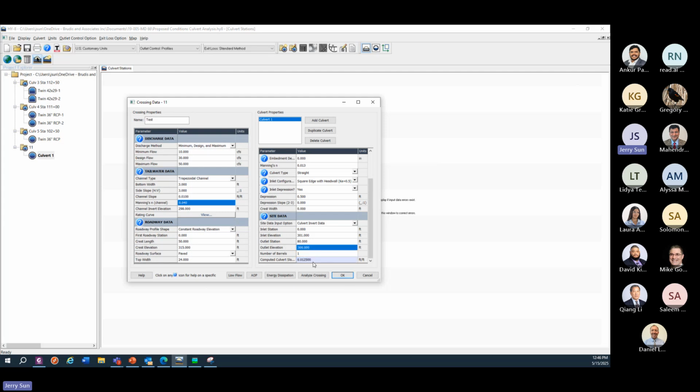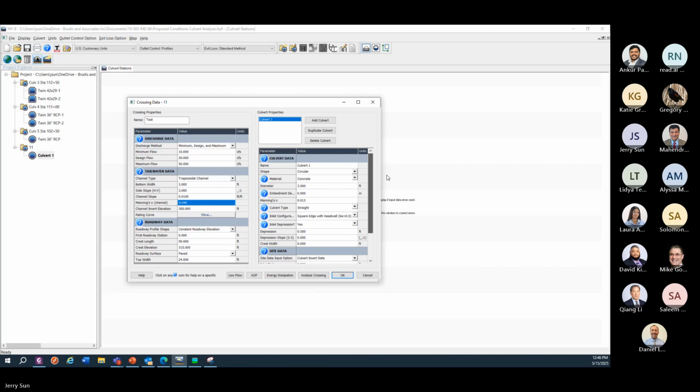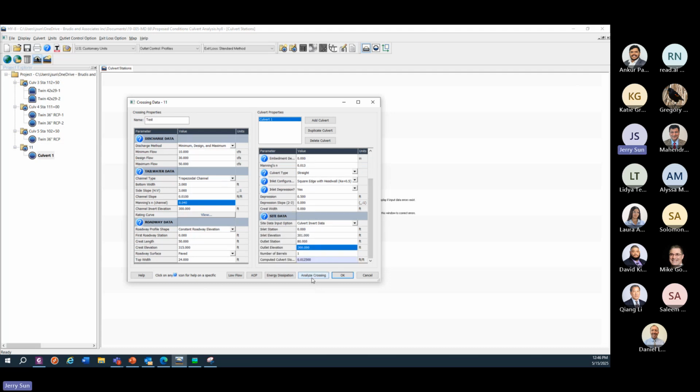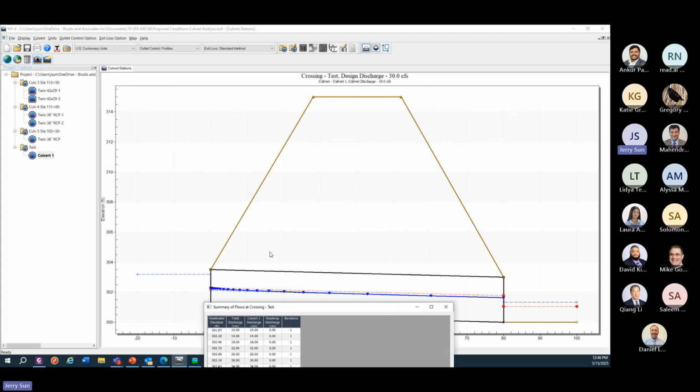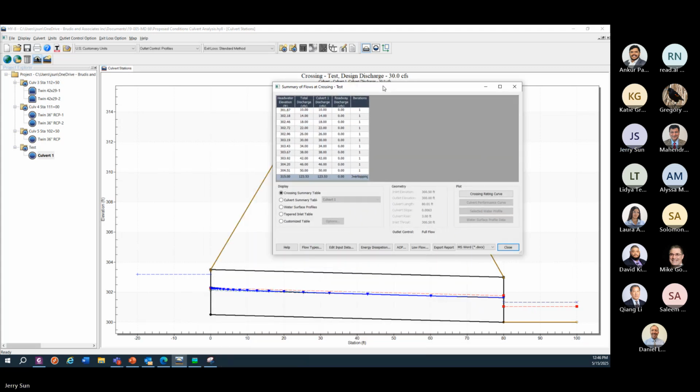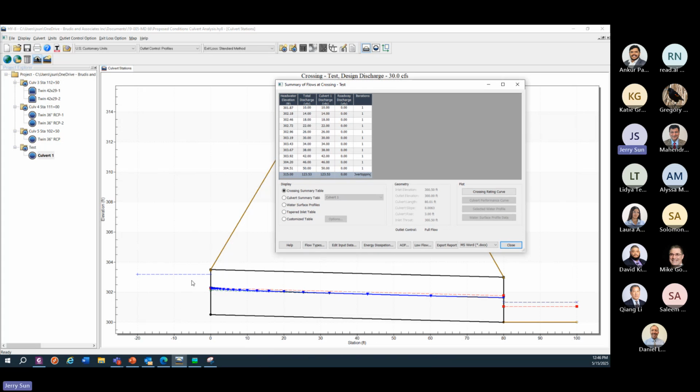But normally we don't need that. That's the thing. Okay. Then after the input of everything there, we just analyze. So you come out with the water elevation, the headwater elevation, and the discharge you put.